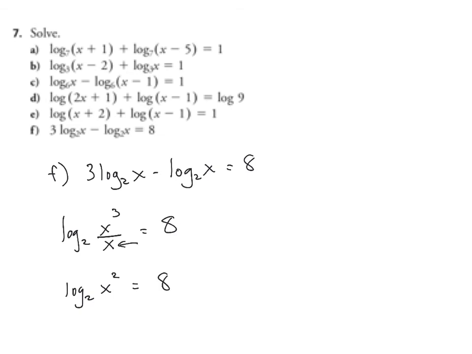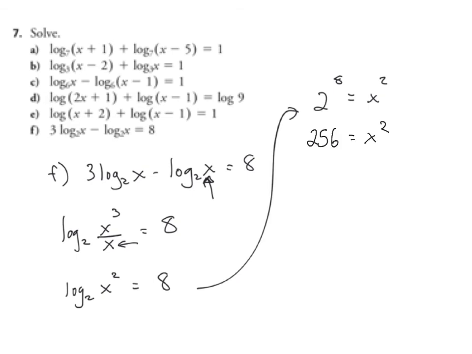That's if x doesn't equal 0, but it can't anyways because that would not be admissible. And so we got 2 to the power of 8 equals x squared. So that's 256 equals x squared, which means x equals plus or minus the square root of 256, which is equal to plus or minus 16.